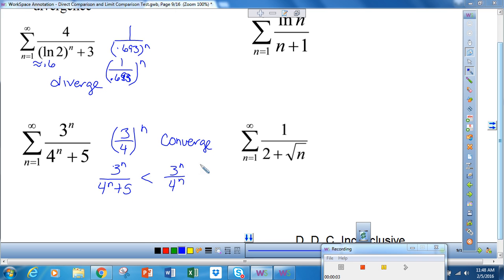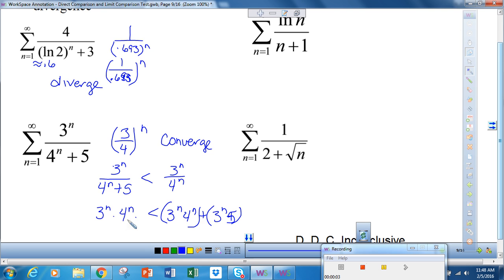Because I know 3 to the nth over 4 to the nth converges, I have to prove that this is smaller. So I do that by cross multiplying. I get 3 to the nth times 4 to the nth, and is that smaller than 3 to the nth times 4 to the nth, plus 3 to the nth times 5, using the distributive property. So, of course, it is smaller, so I've just proved that this converges.